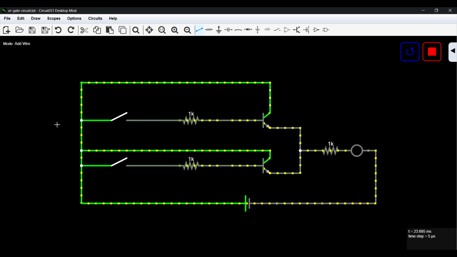And again, from the word OR, it's like we're looking at two statements, statement A and statement B, but we're given the condition OR. So if statement A is true and statement B is true, then automatically the whole statement is true. By the whole statement, we mean the output.